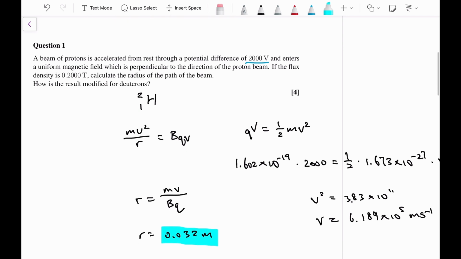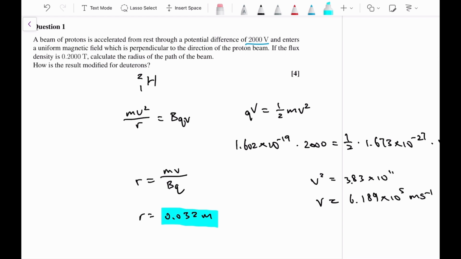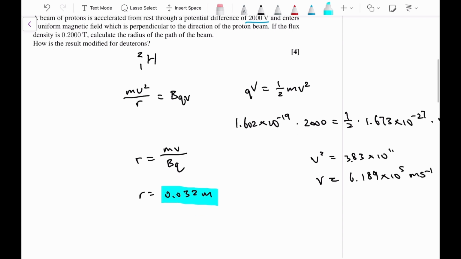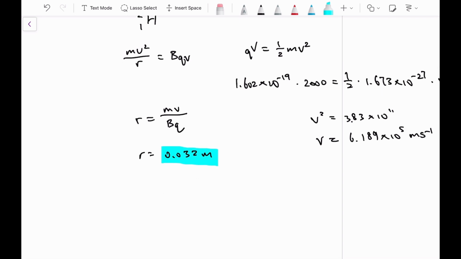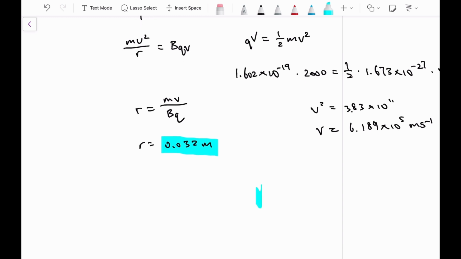Now it asks us how the result is modified for deuterons. So I'm going to try to combine these two equations so we can get an overall view. I'm going to derive an equation for velocity.